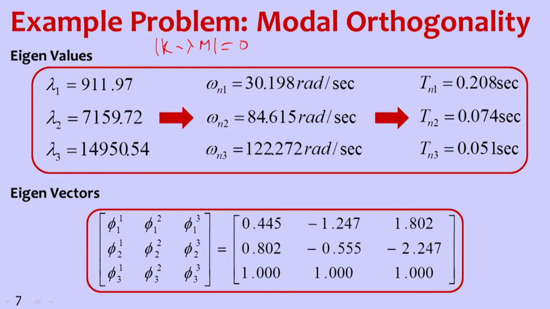Now if we substitute lambda 1 in the equation, (k minus lambda 1 m) into phi is equal to 0. How to solve this one, we have already discussed in the previous lecture.